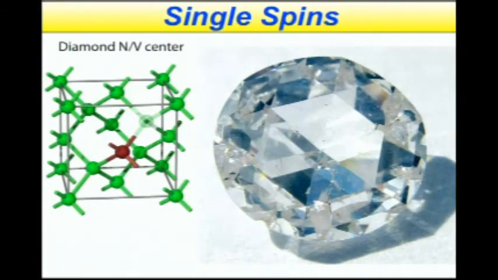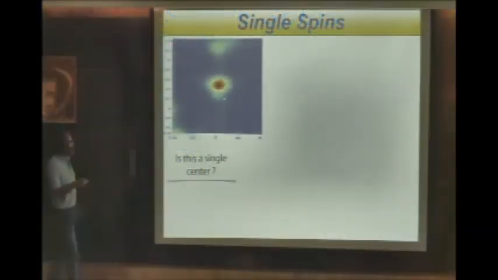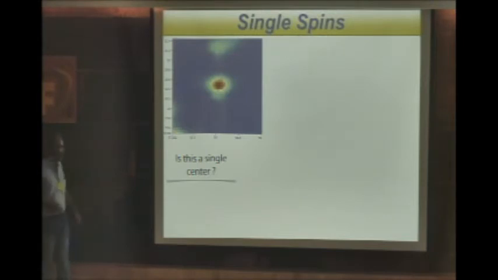And it's negatively charged, the one that you normally use, and that gives you a luminescence. You can measure that luminescence as a function of position, and you see some bright spots, and each of these bright spots is a single spin, a single electronic and nuclear spin.